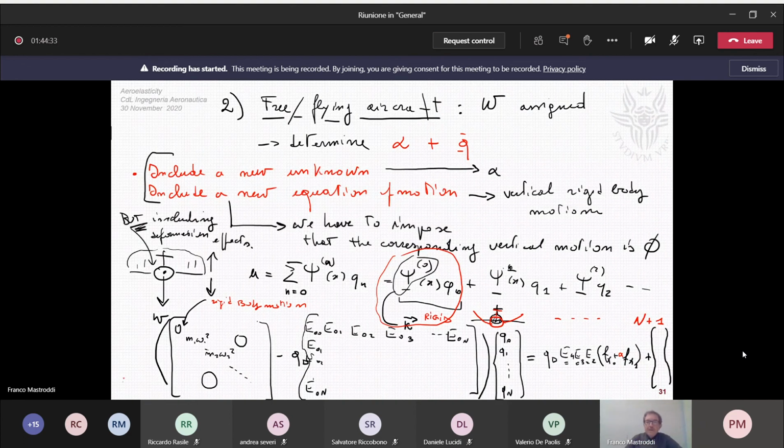In fact, here we have external force. The external force is the weight force. The weight force is a field of constant.